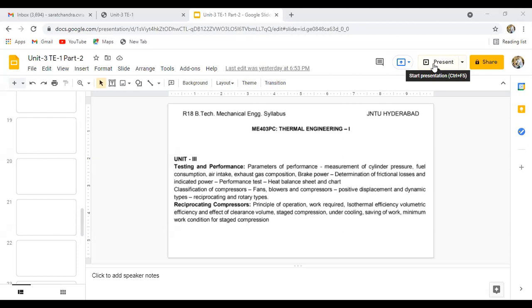Okay, so we have already started this reciprocating air compressor. Classifications, all those things we have already covered. Principle of operation, how the reciprocating air compressor works. That PV diagram, this also we have studied. What is the work required?